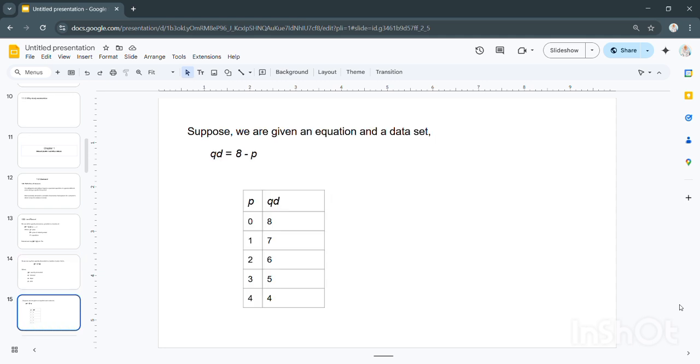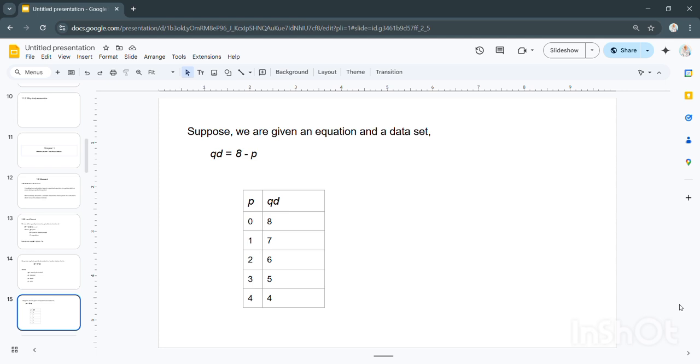Suppose we are given an equation and a data set where the equation is QD is equal to 8 minus P. We are given the value of P and we are about to find out the values of QD. When P is 0, if we put the value of P into the equation QD is equal to 8 minus P, then we will get QD is 8 minus 0 is equal to 8.